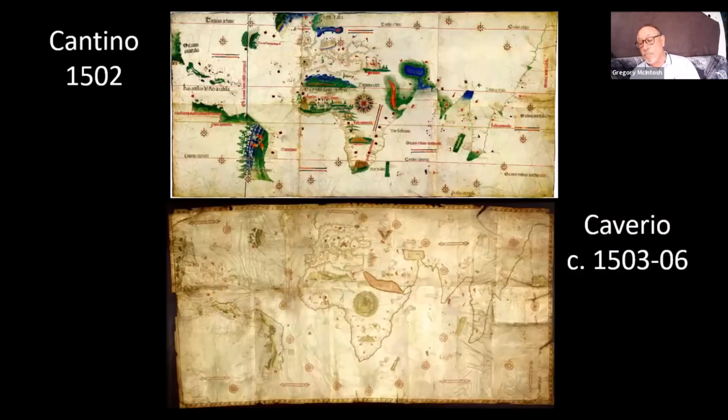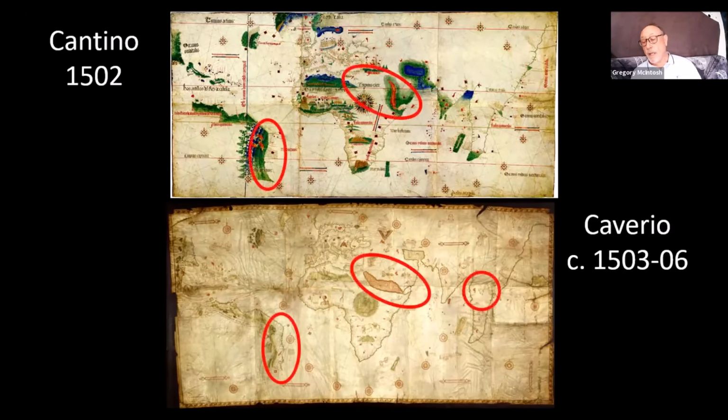The Cantino planisphere is generally believed to be either a direct or derivative copy of the Padrão Real, the world chart and collection of associated charts kept in Lisbon that recorded the new discoveries of the Portuguese. There are important differences that indicate the Cavario planisphere was made later than the Cantino planisphere.